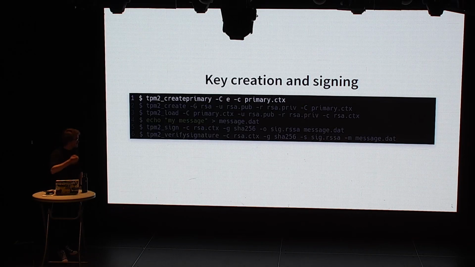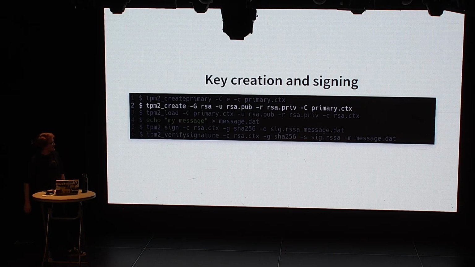So the way this works, because it has a terrible API, is that you say which hierarchy you want. So this is the endorsement hierarchy, which produces a context. We can make a key out of that, which in this case is an RSA key. We have then the public part, which is the public cryptography part of it, like the public exponents and stuff. And then we have the private part, which is a sealed blob to the TPM.